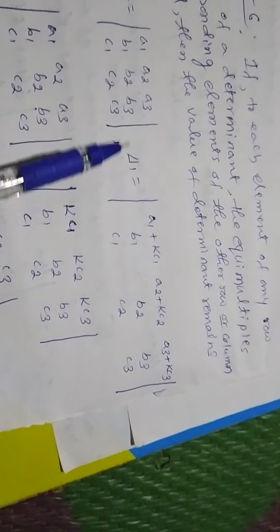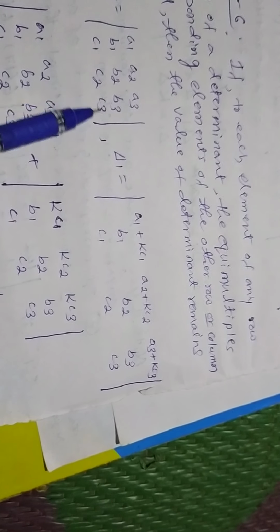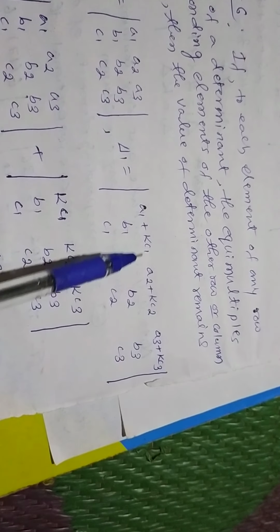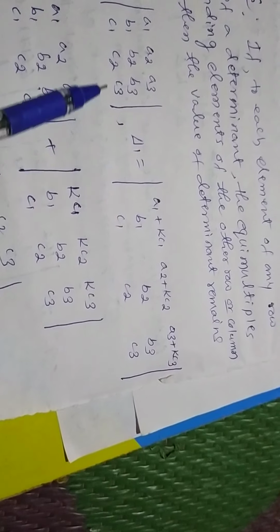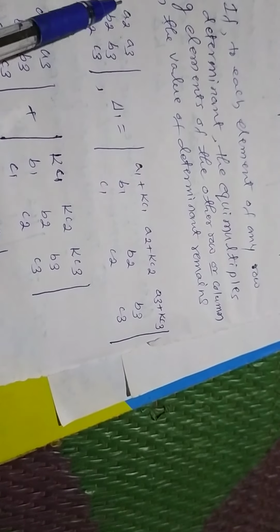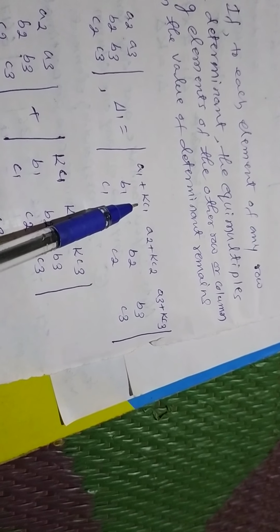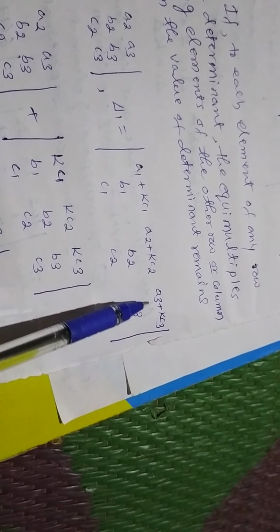But here I multiplied k with R3 and added the equimultiples to R1, just for example. You can do it in different ways, do it by yourself. Only here I multiplied the constant k with R3 and added the equimultiples to R1: a1 plus k c1, a2 plus k c2, a3 plus k c3 as it is.